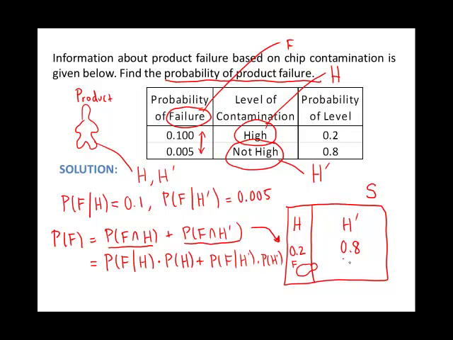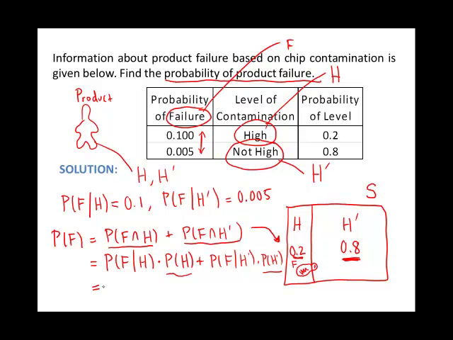And you can see it's more likely that I'm sitting in the region where the chips were not exposed. And if that's the case, there's a smaller probability of failure. If I am in the region where the chips were exposed to high levels of contamination, failure is more likely. So really all I'm doing here is taking a weighted average according to if the chips were manufactured under high levels of contamination or not high levels.